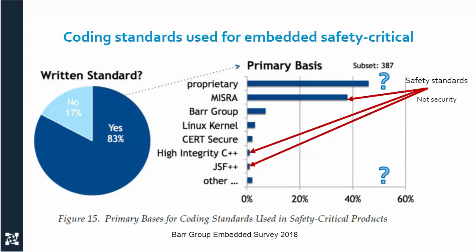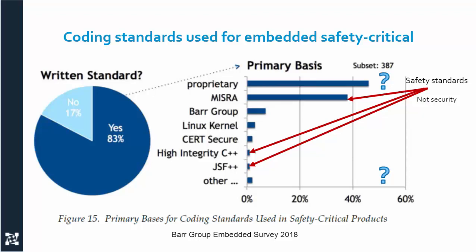And we'll talk about that in a minute, like High Integrity C++, etc. But not everybody is using standards like MISRA. And again, not everybody's using a written standard. And I'm not certain what the standard means if it's not written. And I guess the reason I point that out is that if you want to be safe and you want to do it consistently in a predictable manner, you need to use a coding standard.